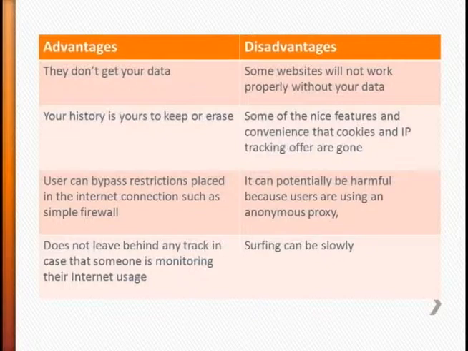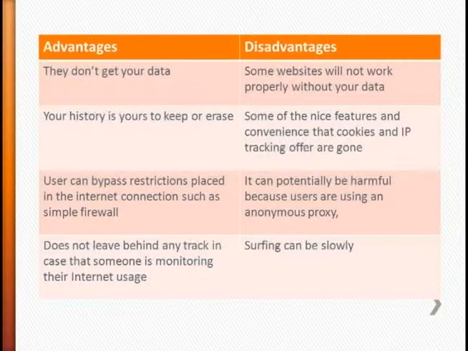It lets users bypass restrictions placed on the internet connection, such as a simple firewall. It is especially often used in schools and offices where there are heavy restrictions on web pages that are not accessible. It can potentially be harmful because users are using an anonymous proxy which does not encrypt data when it's sent to the proxy server.